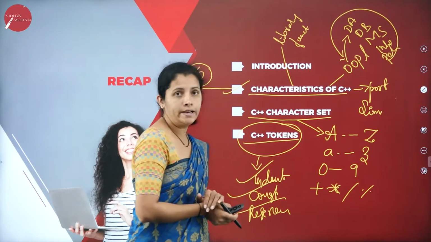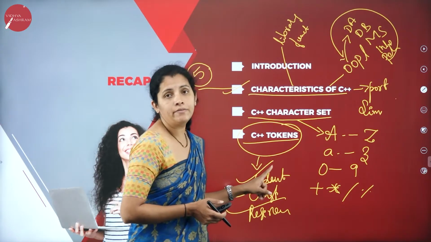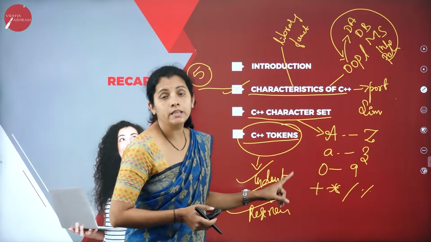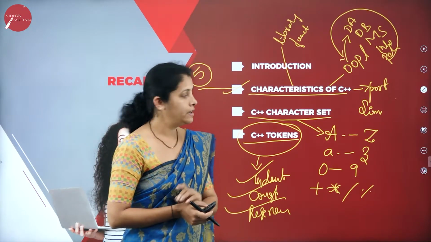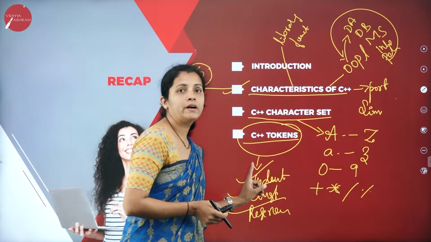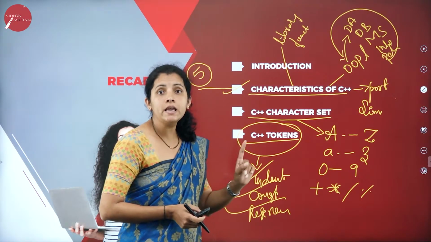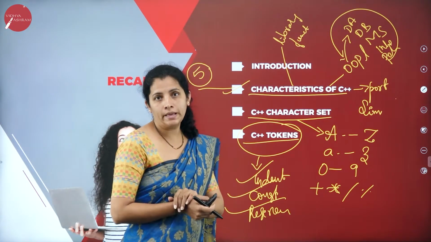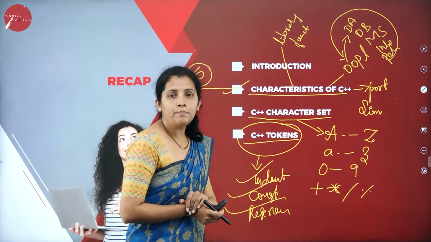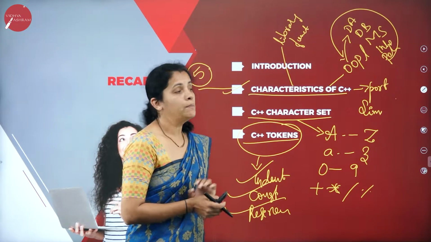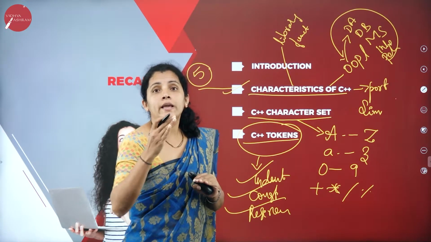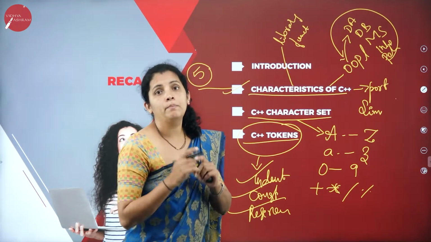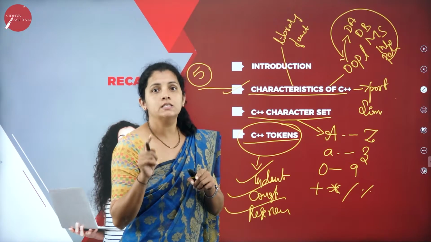Then what is an identifier? Identifiers are nothing but the name given to the programming element. I repeat, identifiers are nothing but the name given to the programming element. For example, consider that my name is Revati. So you can identify me by the name Revati.